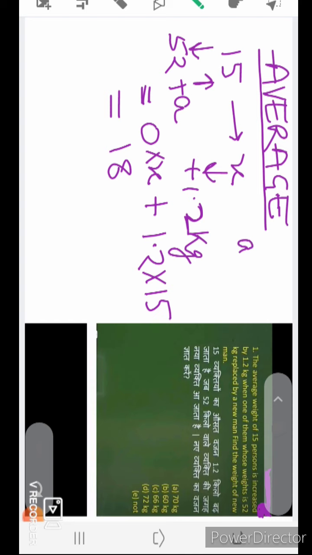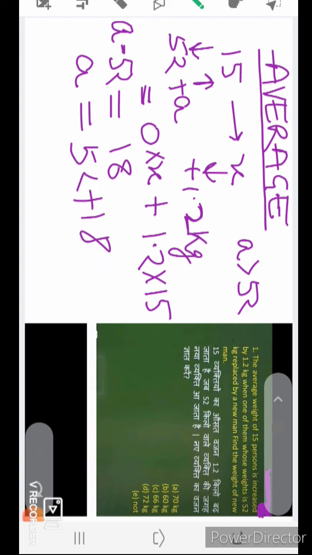It means that a is greater than 52, so we write a minus 52. Now solve for a. a is equal to 52 plus 18, and it is 70. So our answer is going to be a here. We have to find the value of a. So this is the case of one inclusion and one exclusion.